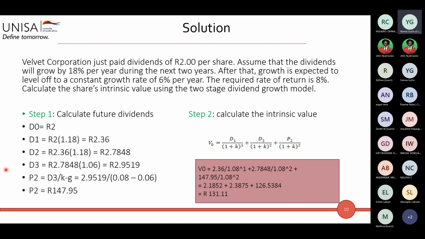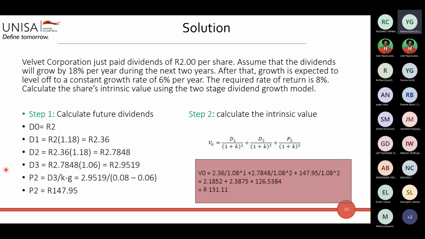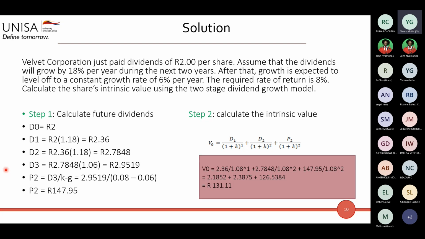Because this is in year 2 that we calculated our price. After year 2, things are stabilizing. So once you add all these present values, you'll get the answer of 131.11, right?